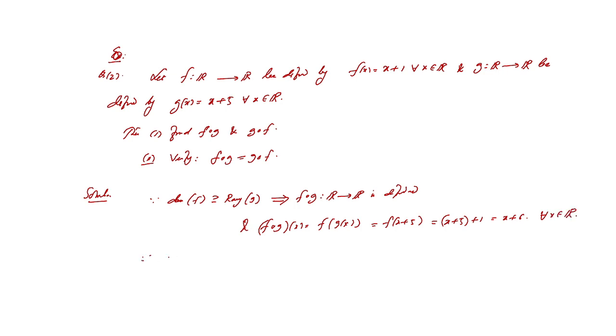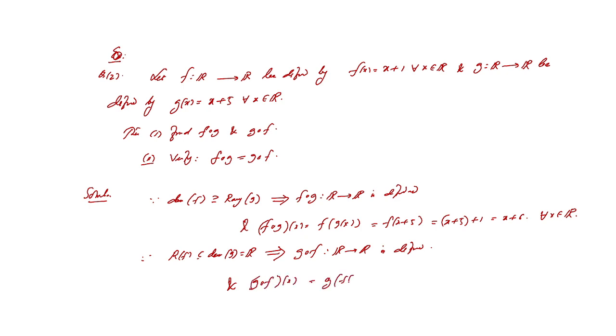And since again the range of F is a subset of the domain of G, this is basically R, that implies G composed F from R to R is well defined. And the question is, what is G composed F of x?